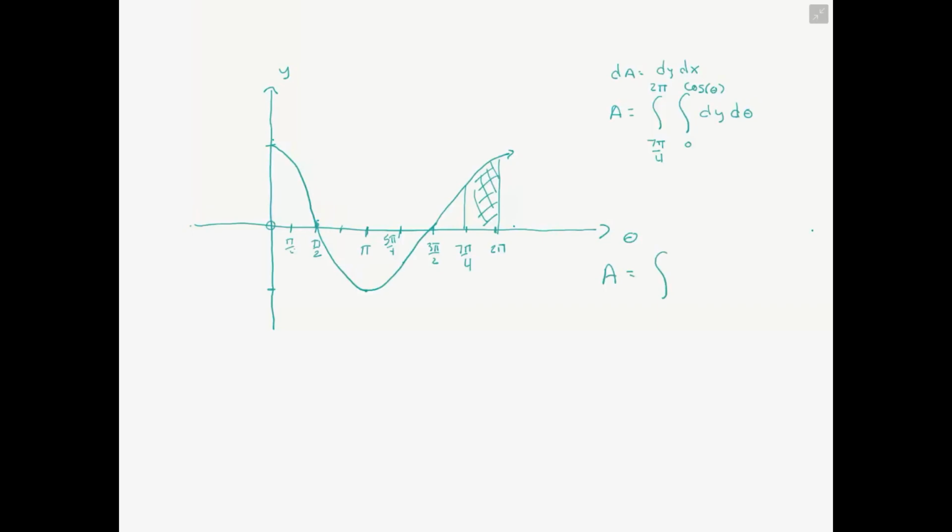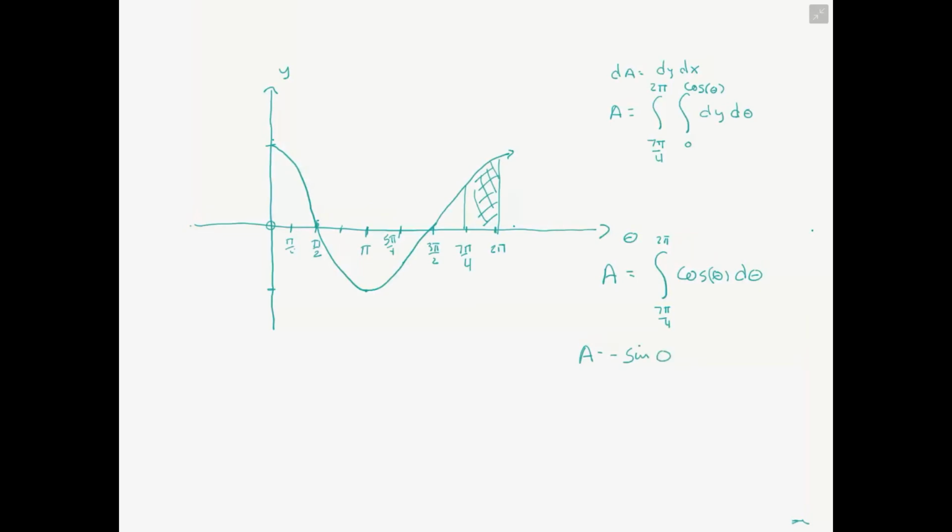And then we end up with an area equals the integral from 7 pi on 4 to 2 pi of cosine theta d theta.